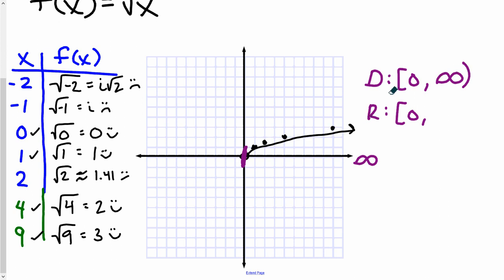And even though it's not going up really quickly, it is going up. So the range is everything from your critical point all the way up to where y is infinity. So the range here is going to be also from 0 to infinity.